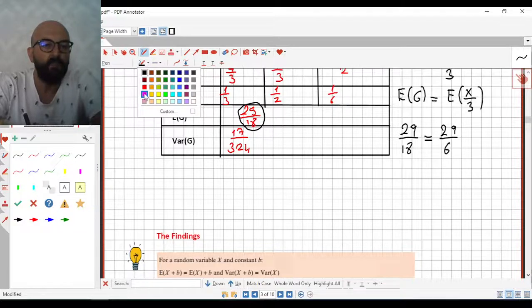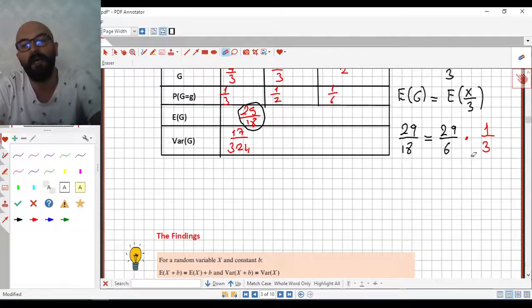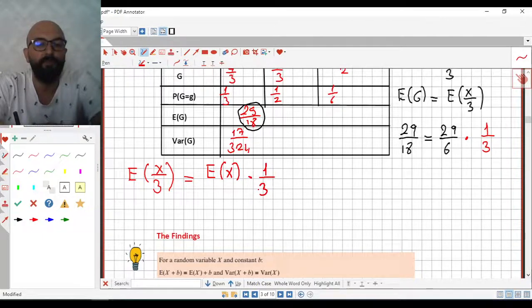So 29 over 6 multiplied by 1 over 3 means 29 over 18. So if we want to work out the expected value of X over 3, it means the expected value of X multiplied by 1 over 3.